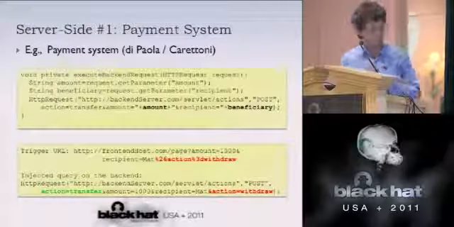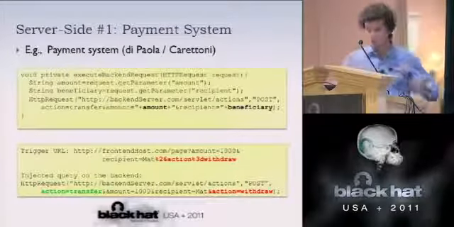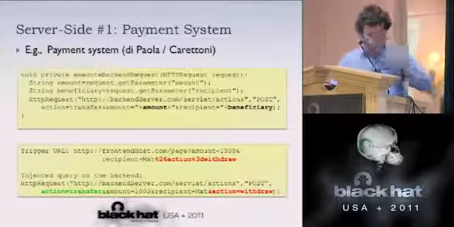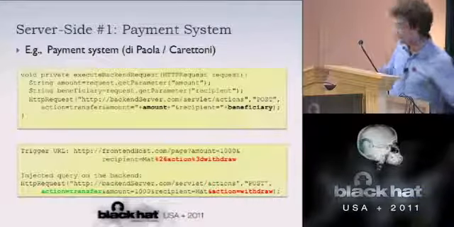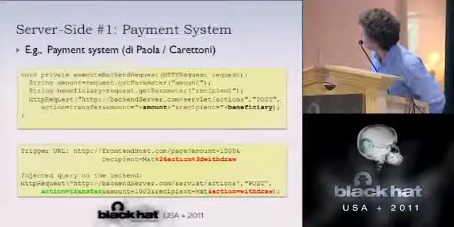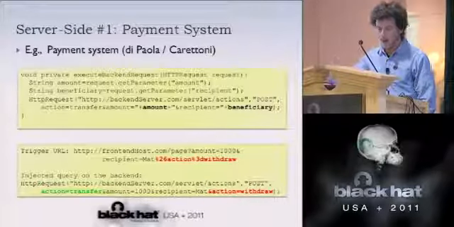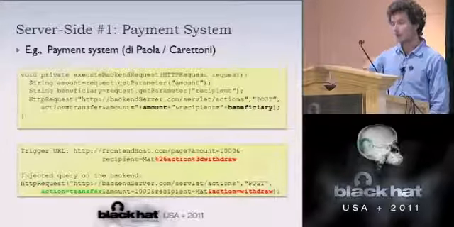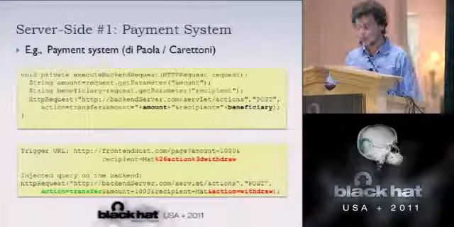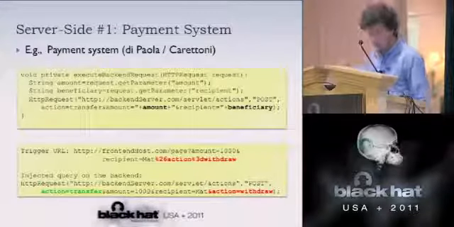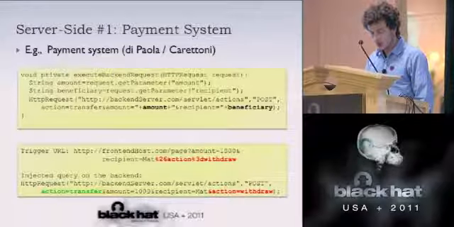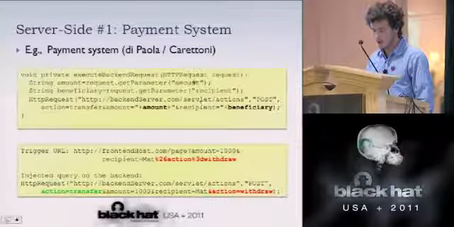So let's look at this. This is a payment system example from two friends of mine. They gave me this example. Suppose you have a front-end application that receives an HTTP request, and in this request you have two parameters.